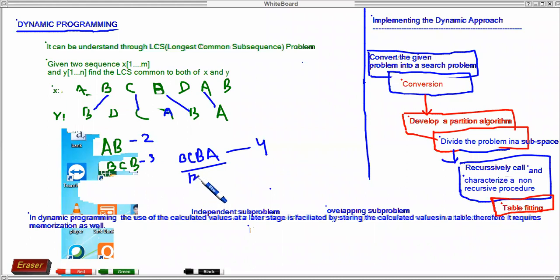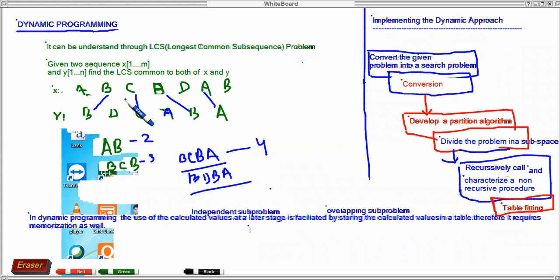Can I take B, D, B, A? Can it be possible or not?